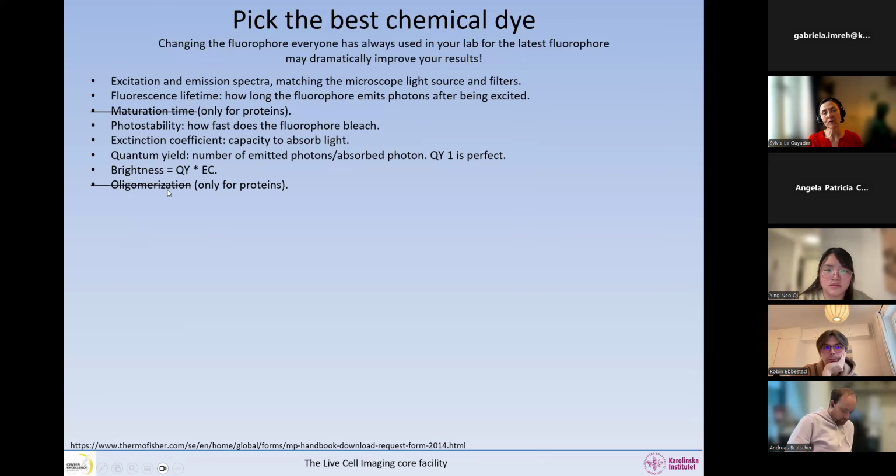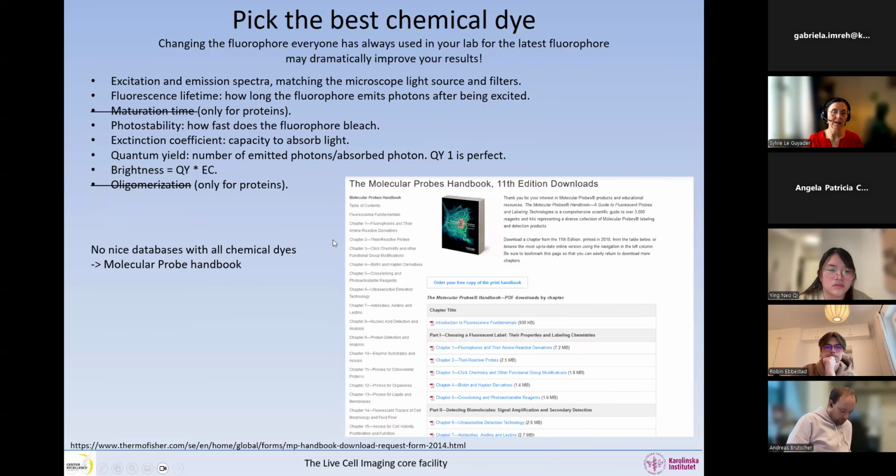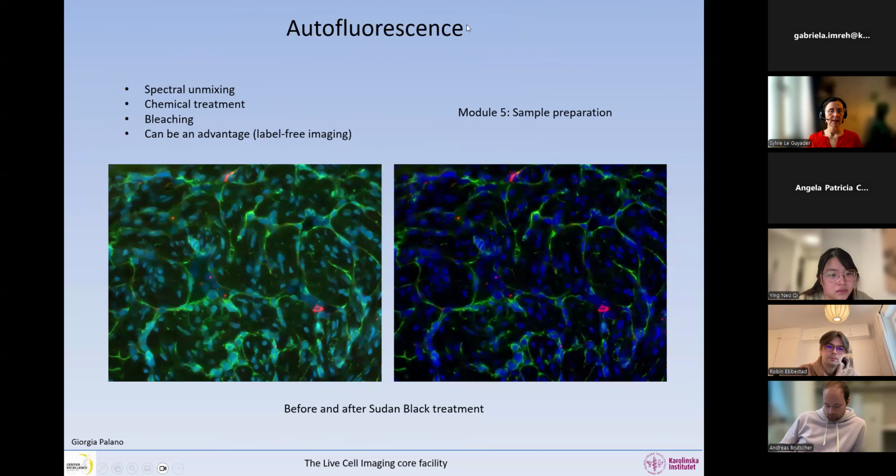And we don't have the problem of oligomerization because this is only for proteins. So unfortunately, there is no nice database like FP base, but we have the Molecular Probes Handbook. It has a lot of information about dyes, and this is kept up to date by, I think, Thermo Fisher. So you can get this, and it's very nice.